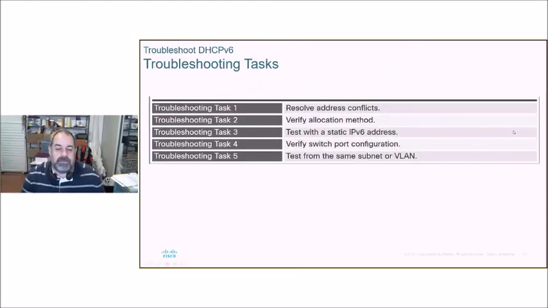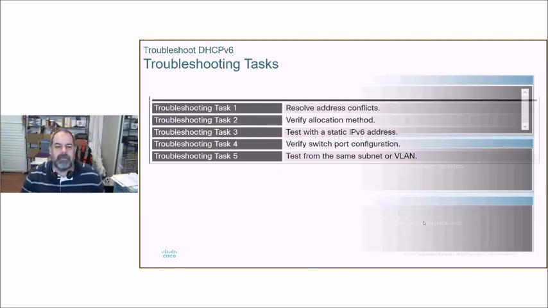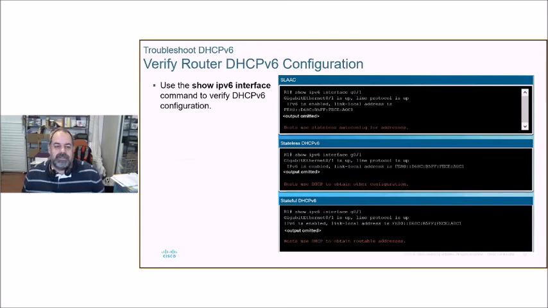So troubleshooting tasks look very similar, but the only difference really is you might want to verify that the router is responding in the correct way with the right router advertisements. So show ipv6 interface will tell you that, and so with full SLAAC it will just look like this.